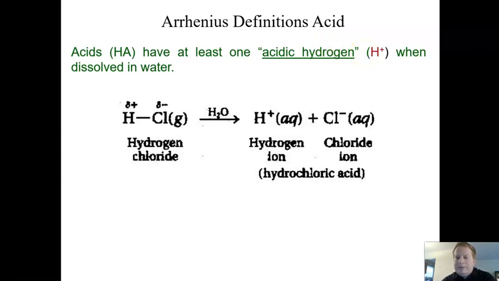So when you take a chemical like hydrogen chloride, which is actually a gas, and dissolve it in water, for it to be an acid, it's going to have to break an H+ off of it and leave behind the anion, in this case a Cl-. That's generally what makes something an acid: if it has that H+ that it's going to dissolve and break off.